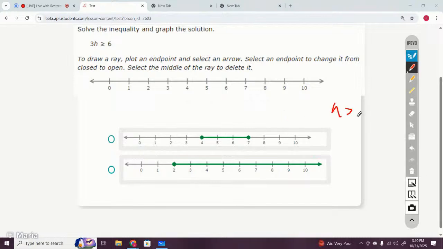So h is greater than or equal to 2, right? So we have an equal, that means we have a closed circle at 2 and the graph is pointing at the right hand side because all the values are greater than 2.